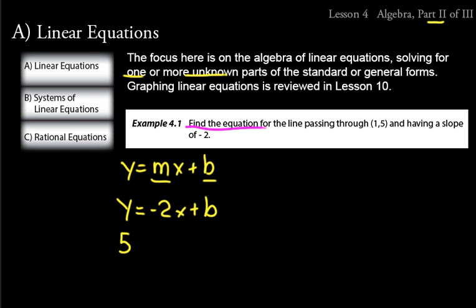The y value is 5 and the x value is 1, so put that in the right place. 5 equals -2 plus b. Add 2 to both sides. b is equal to 7. So our form is y equals -2x plus 7. That's our equation.